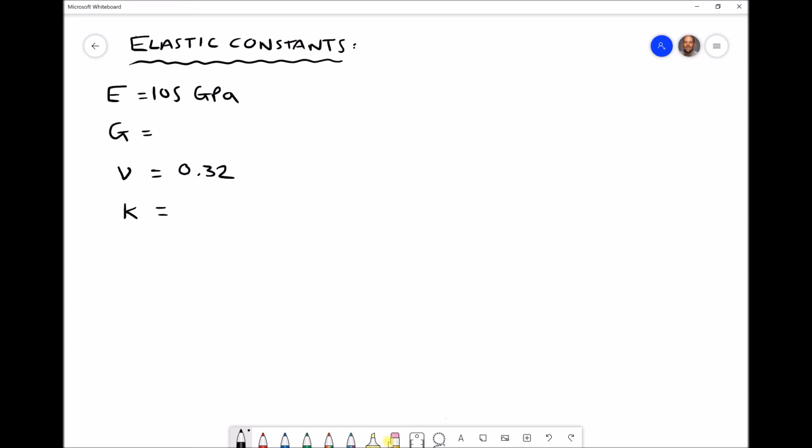Note that the values given here of 105 gigapascals for elastic modulus and 0.32 for Poisson's ratio is probably more commonly associated with a material such as brass. So first of all, let's calculate our modulus of rigidity, and the formula that we use for this is G equals E over 2 times 1 plus Poisson's ratio.